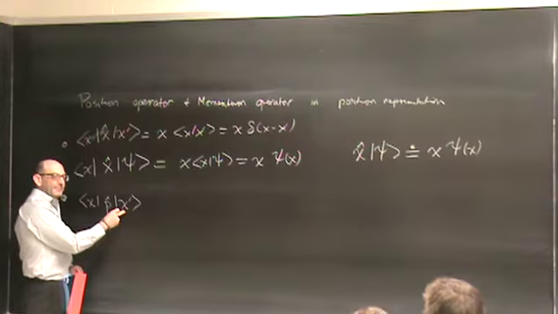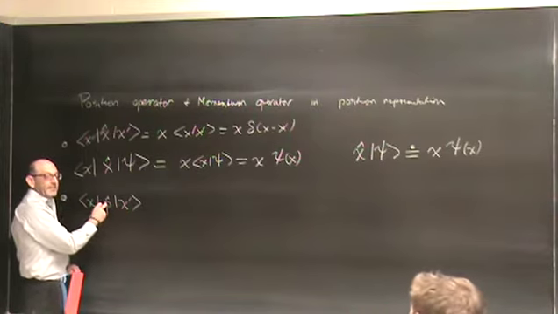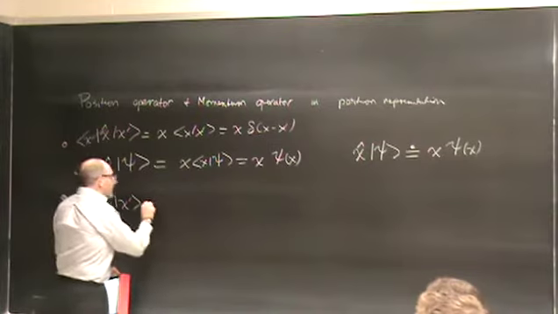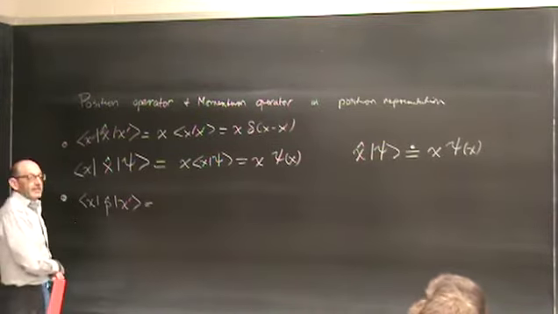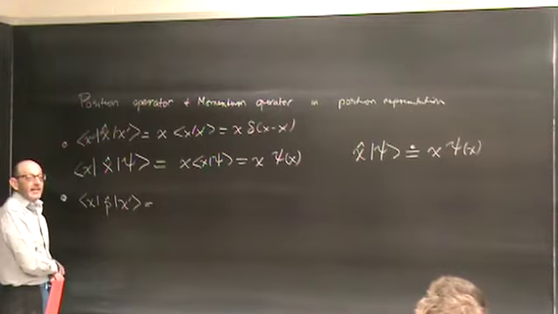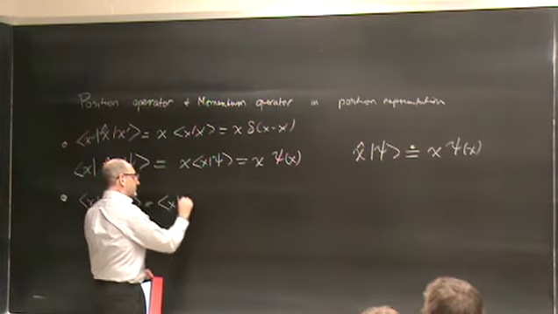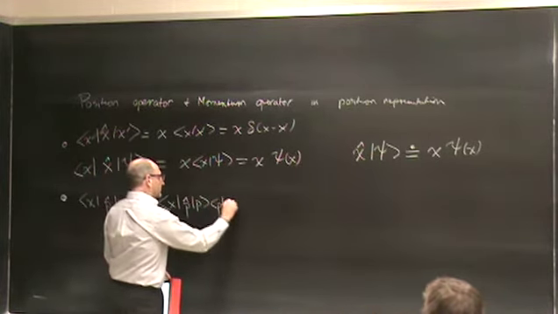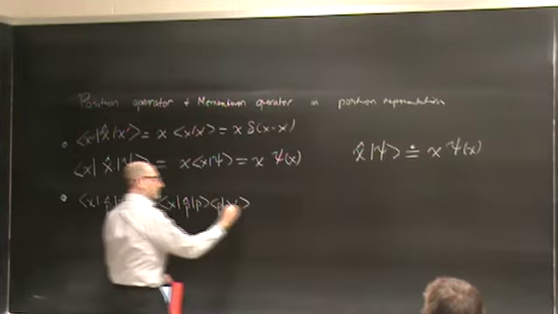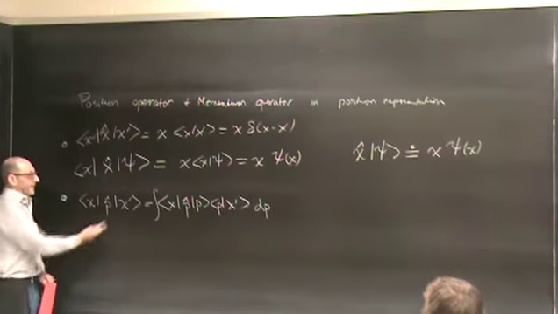We know how it acts on momentum eigenvectors. So the way to deal with this is to insert a resolution of the identity. I just did that right here.